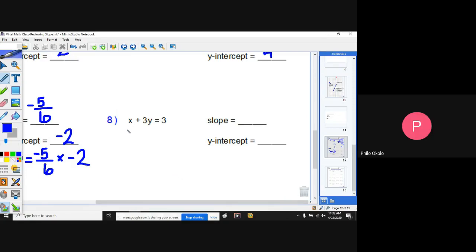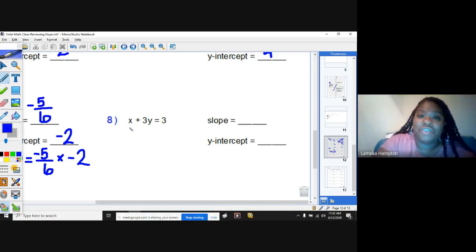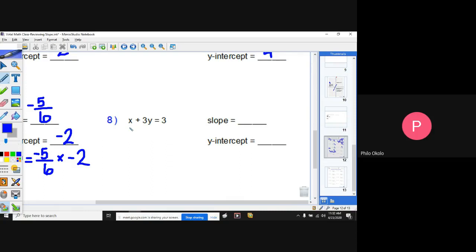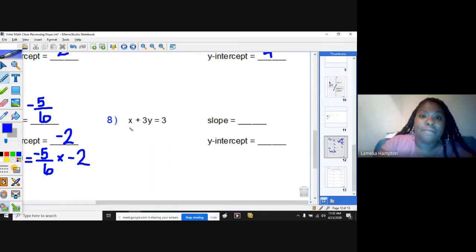How do I move it? I have to do something. So you're right, Miss Philomena. I do move my X to the right-hand side, but how does it become? Negative. Yes.